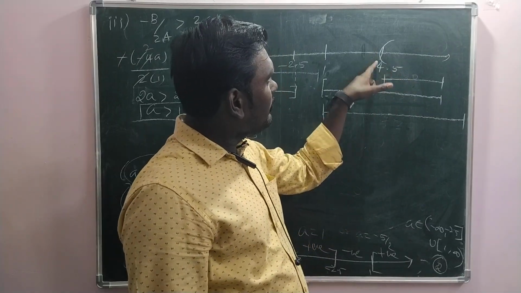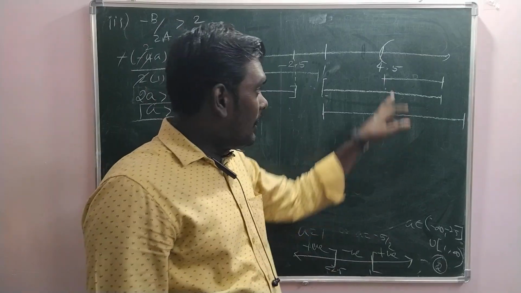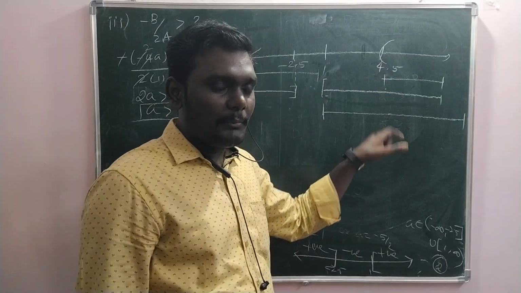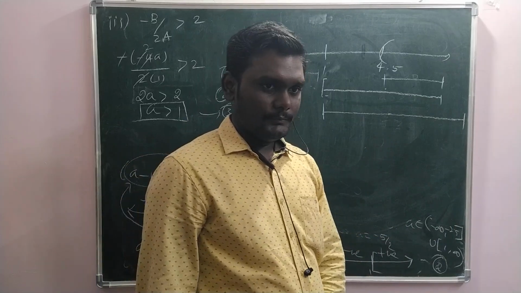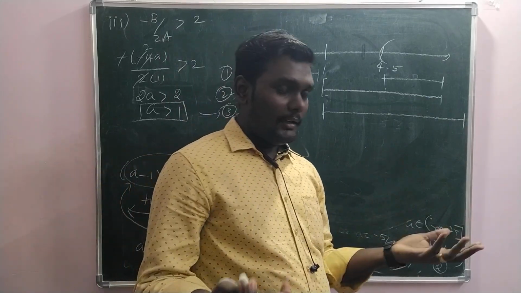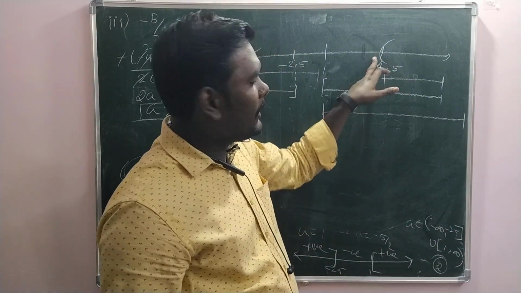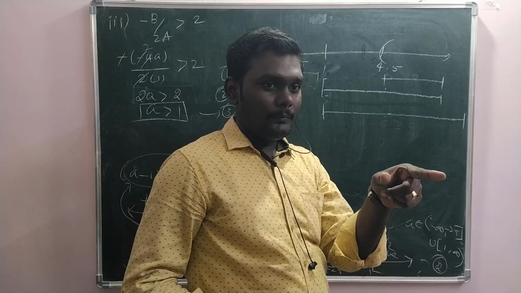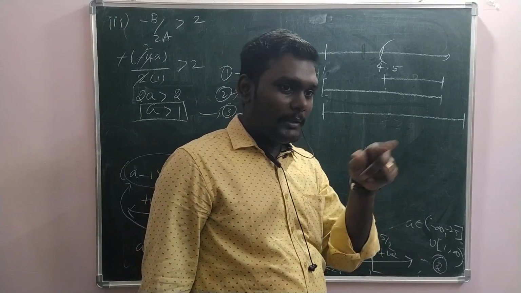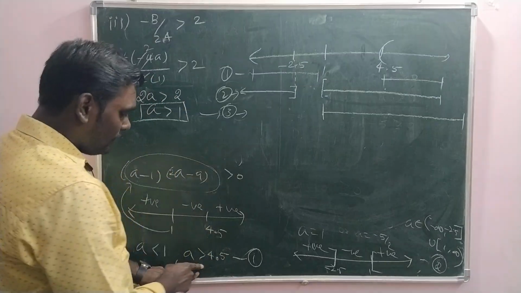Now, whether we can include 4.5 or not. We can't include it, because at this point it will become 0. See, man, 4.5 is excluded here.